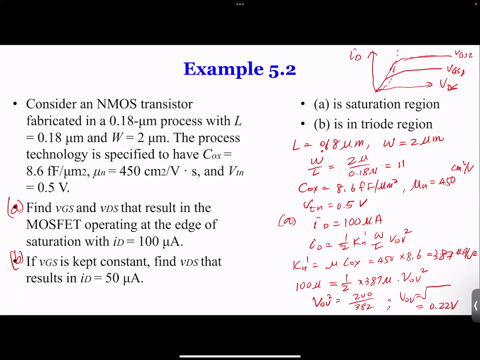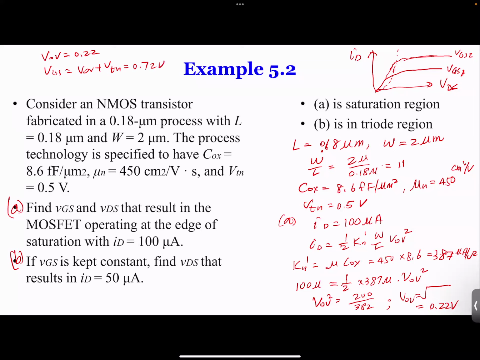So once we find the VOV, we can easily find VGS. Okay, we don't have space, so I'm going to write it over here. Once VOV is found, VOV is 0.22, which means our VGS is going to be VOV plus VTN. And VTN is 0.5, so you get 0.72 volts.